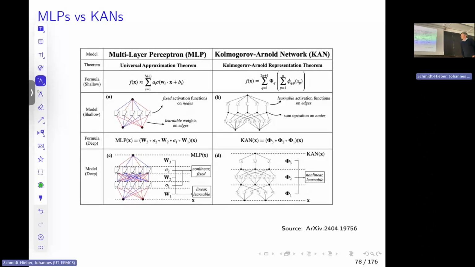Their take from this literature is to compare, and I copied this from their paper, the deep feed-forward networks, also called multi-layer perceptrons, based on this idea of the perceptron, with their Kolmogorov-Arnold network structure. They say a multi-layer network can be written in this form. We know this. Now the Kolmogorov-Arnold representation theorem has this form.